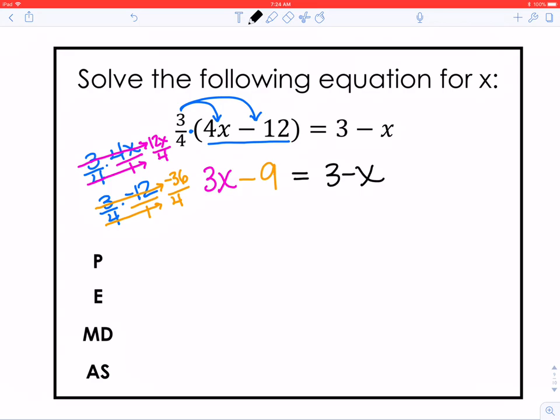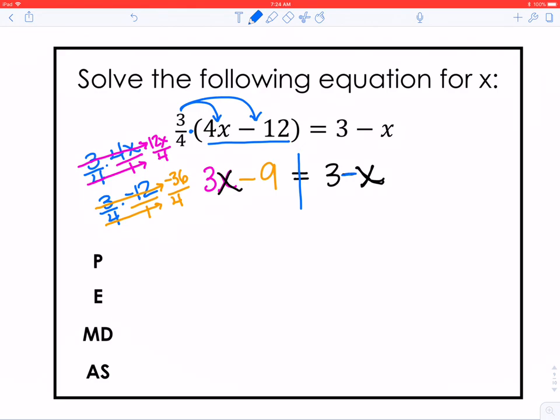And now we see I have a variable of x here on the left side and on the right side. Remember, they're on opposite sides. So if you want to combine them, you're going to have to undo those operations and move them to the same side so that you can combine like terms. So let's say we want our variables to be on the left side.